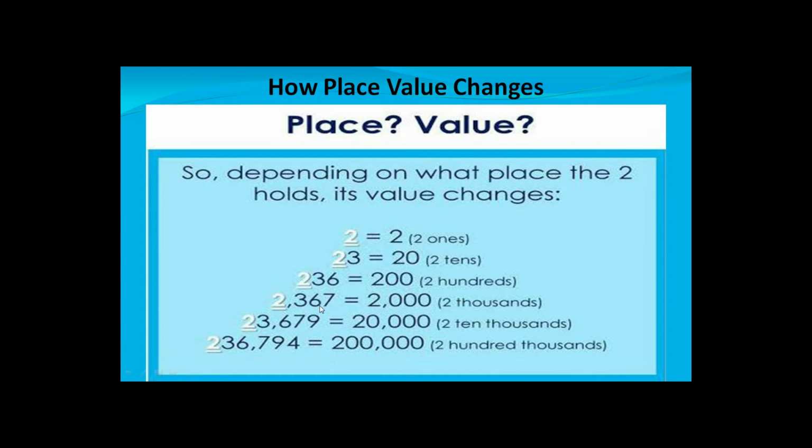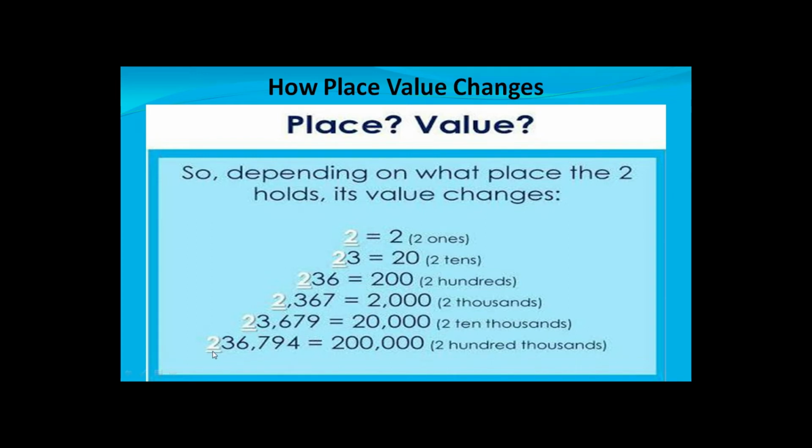As you increase the number, 2 will move towards the left side, but remember this: when you add a number on the right side, the place value will move towards the left side. So here you can see there are 4 digits and 2 will move to the 4th place. That's why its value becomes 2000s. In the same way, next you put 9 and 2 will move towards the left side, and it becomes 20,000s.